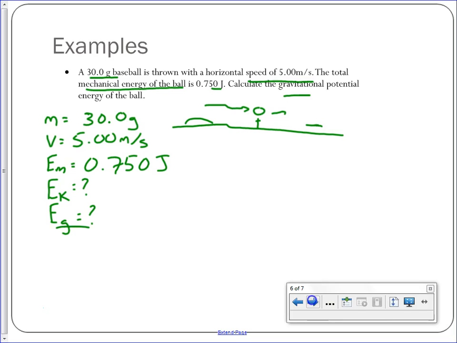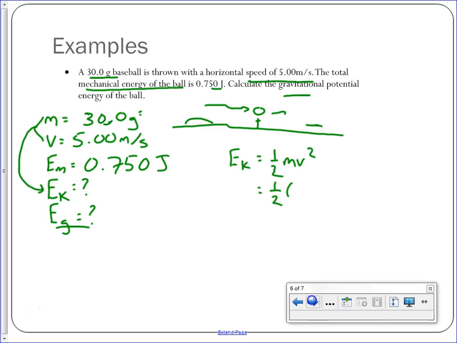Since we have mass and velocity, we can calculate our kinetic energy. So that's where we're going to start. Kinetic energy is equal to 1/2 mv squared. Plug in everything. Sorry, we're going to have to back up a step. Convert this into kilograms.